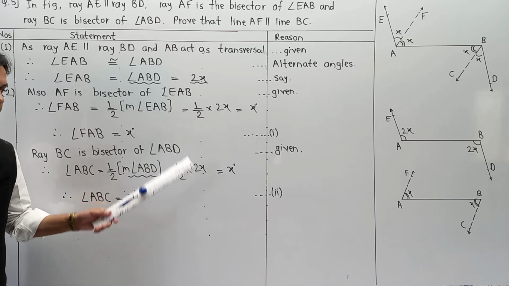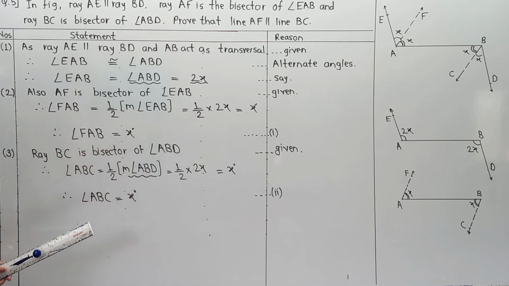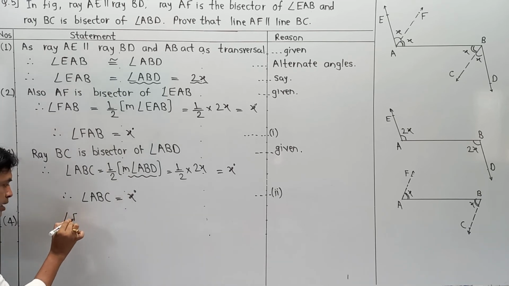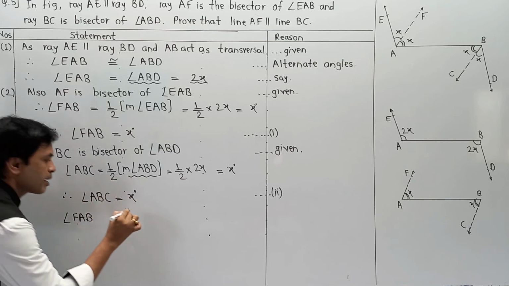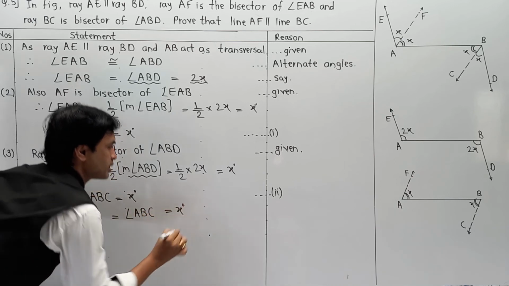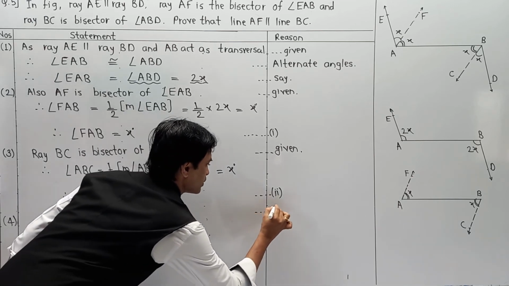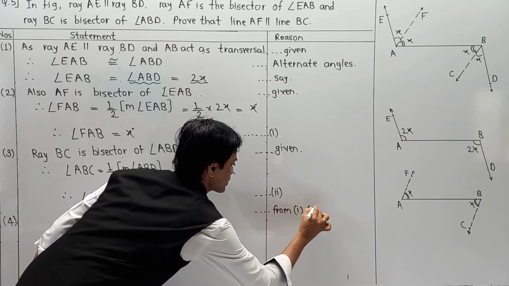Therefore, from equations 1 and 2, angle FAB is equal to angle ABC, which is equal to x degrees.